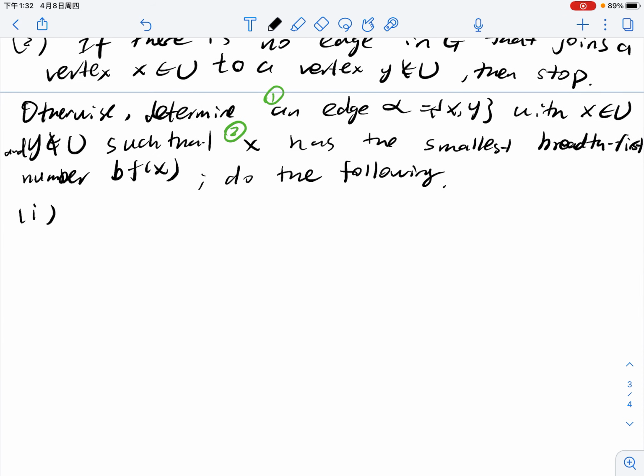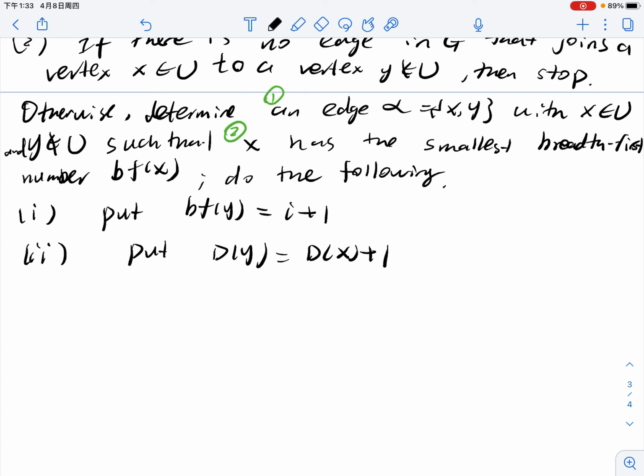So we just set up the breadth first number for y as i plus 1 because it follows x. And secondly, put dy equals dx plus 1.